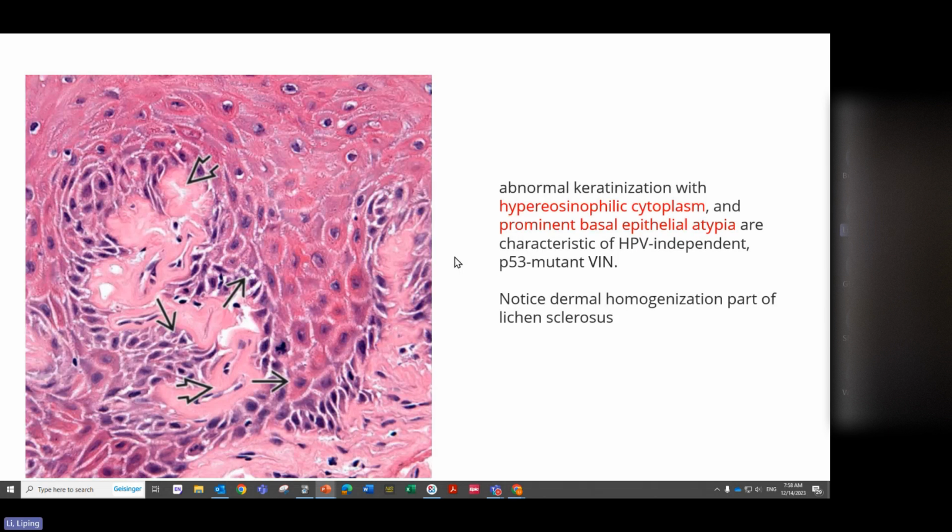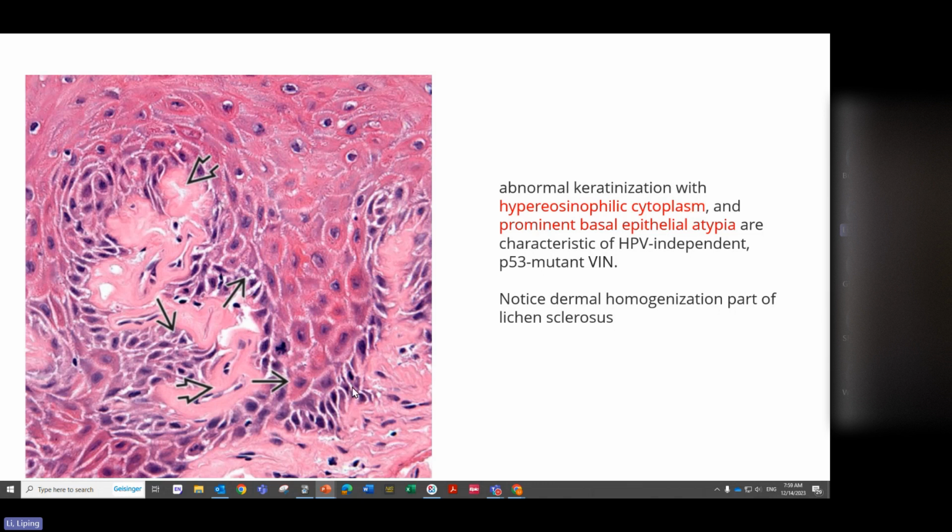Then we have another entity that is HPV-independent, but P53 mutation. For this entity, we only see these atypical, hyperchromatic, pleomorphic cells located in the basal cell layer. You can see mitotic figures, really pleomorphic, ugly-looking cells.